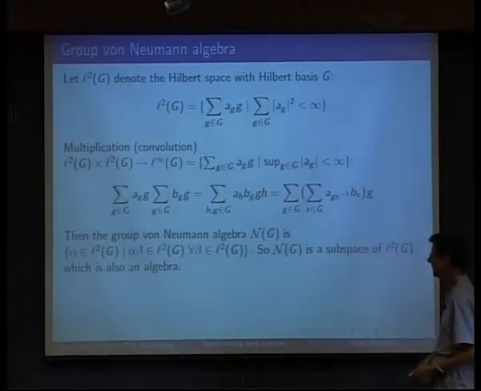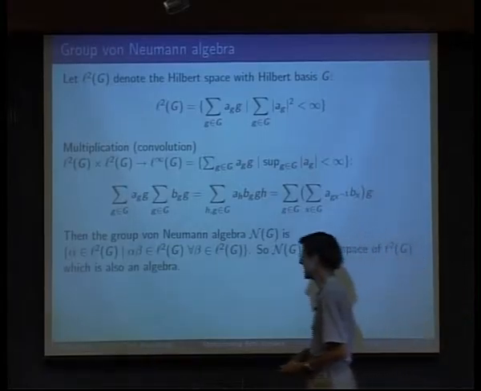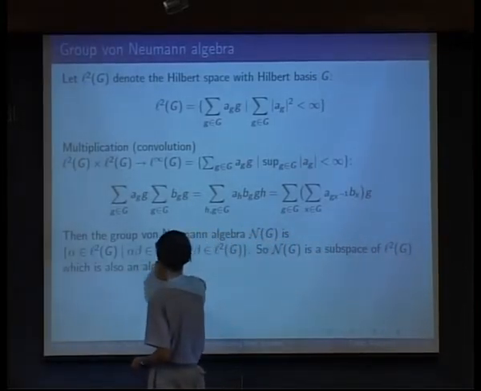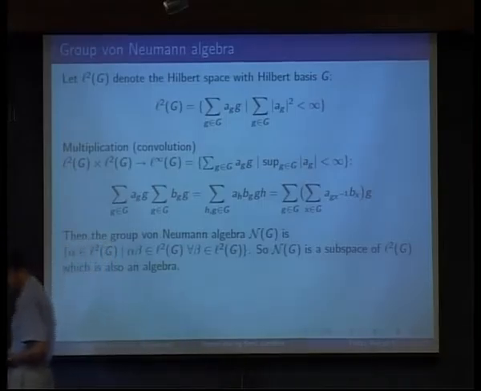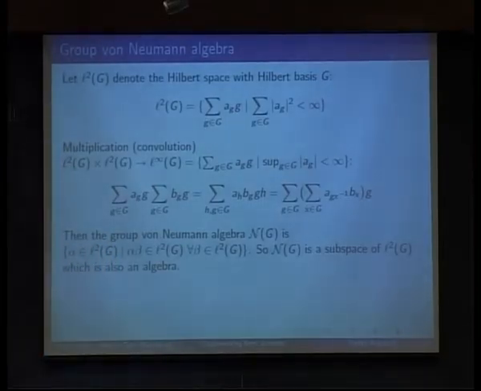So you define the group von Neumann algebra N of G as those elements alpha in L2 of G such that alpha beta is in L2 of G for all beta in L2 of G. So N of G is a subspace of L2 of G, which is also an algebra.